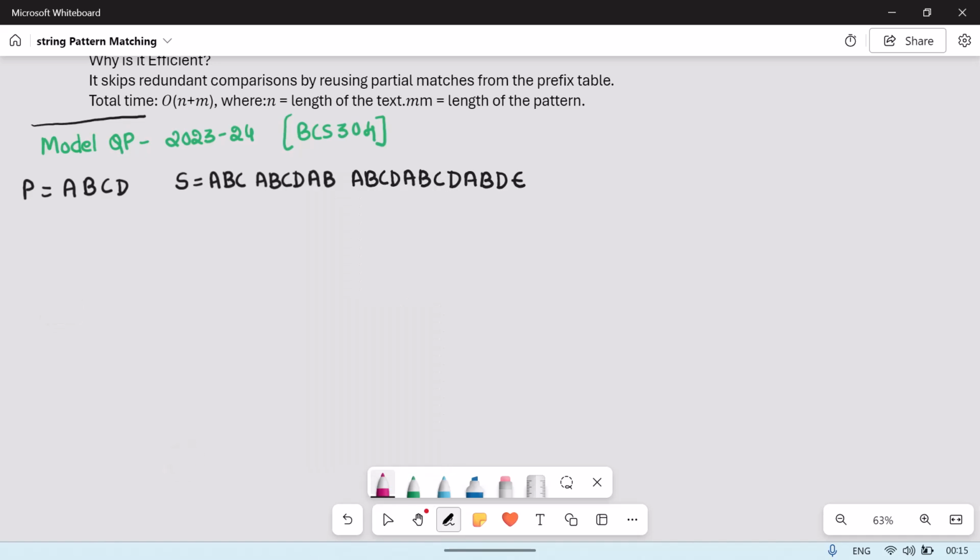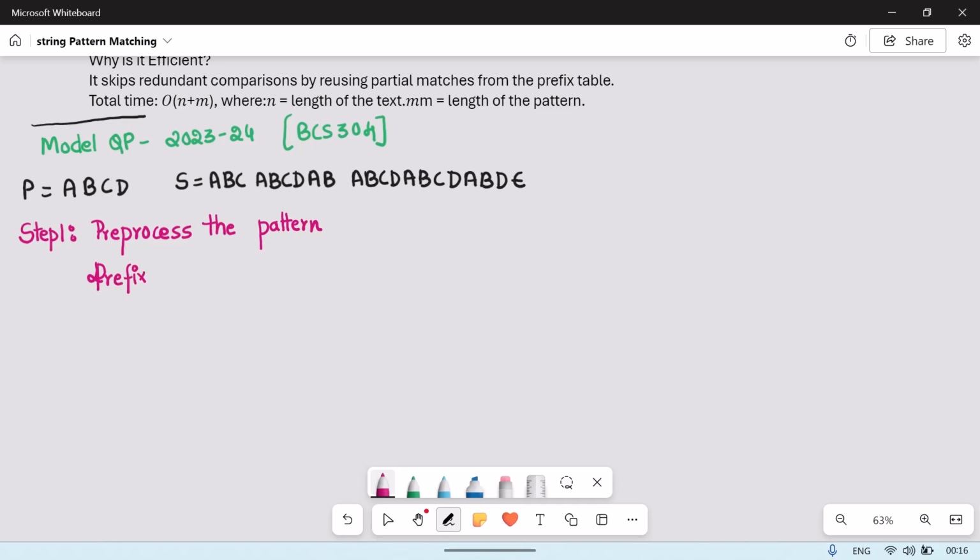So step 1 is to pre-process the pattern. You have to find the longest prefix values, that is, the values in the prefix table.